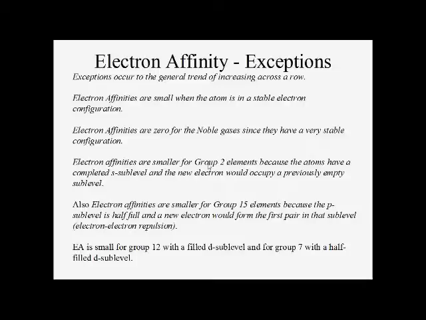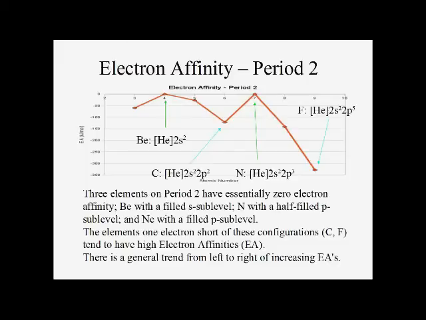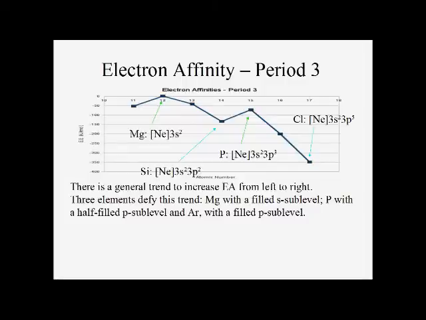So for group 2 elements, we have a complete shell. So our next electron will be going into a new level. That means group 3 is going to have a smaller electron affinity than group 2.